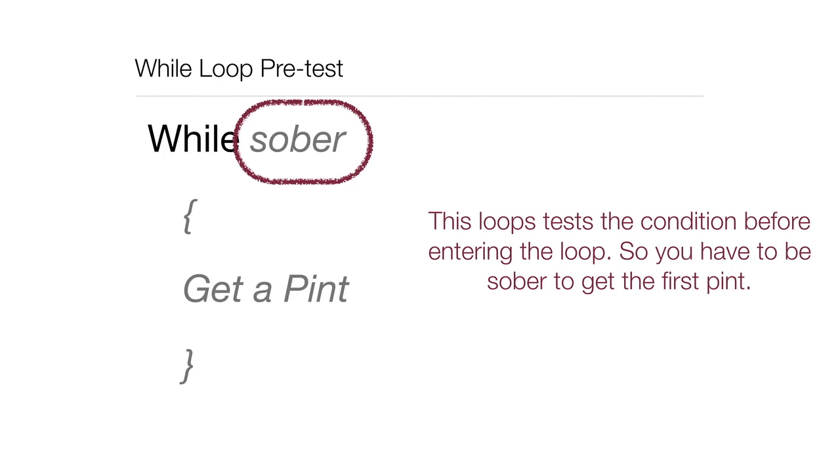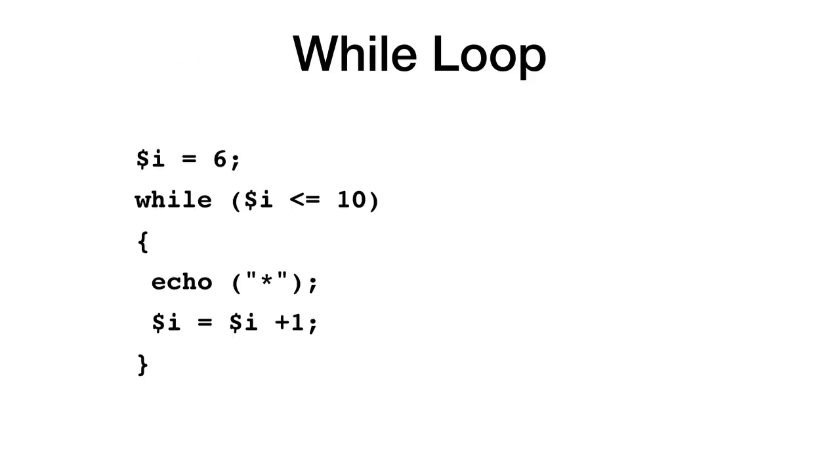So let's have a look now at a loop in some detail. This loop here is a while loop, and it goes around a bunch of times, and we'll just have a look at how that works. The first thing up here is that it puts 6 into variable I. Next, we go into the while loop and it looks at the condition.